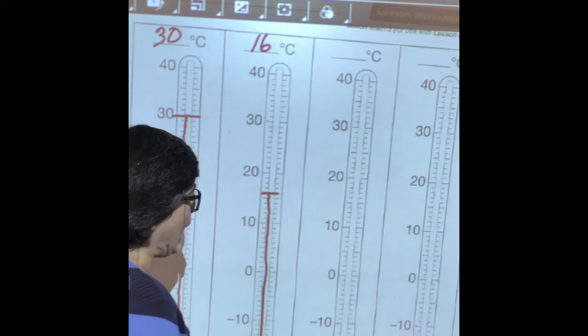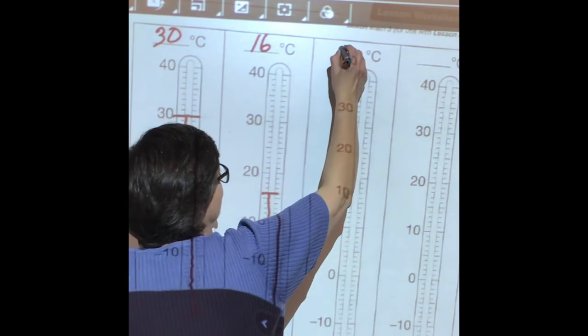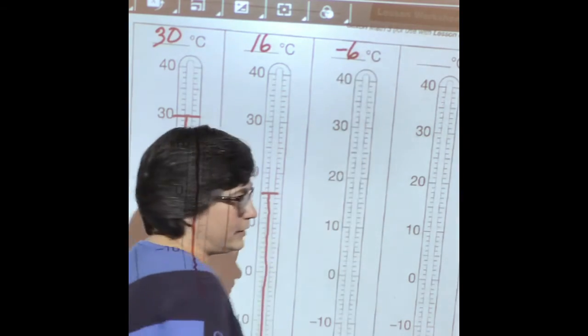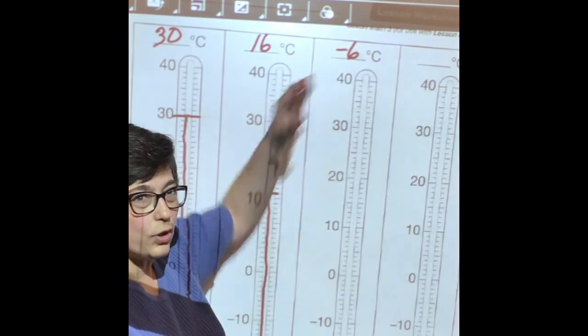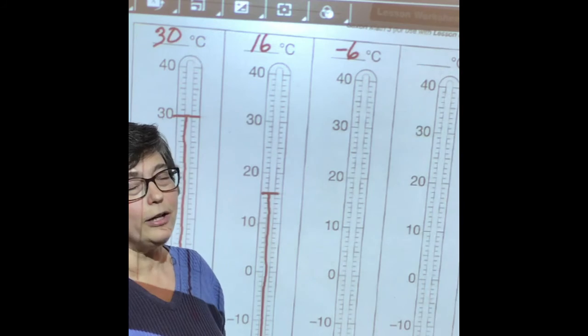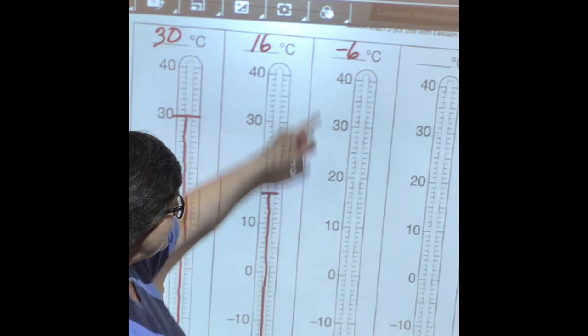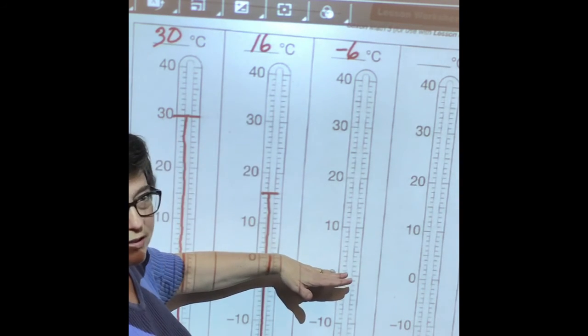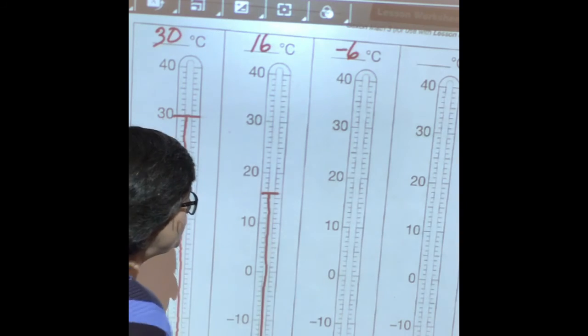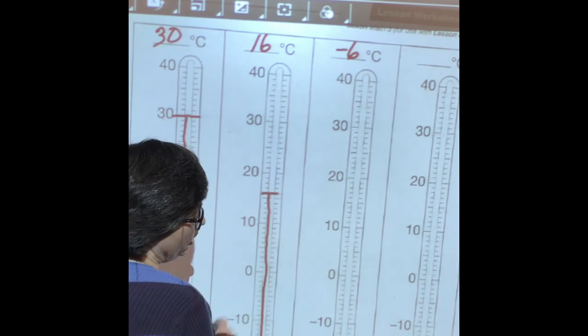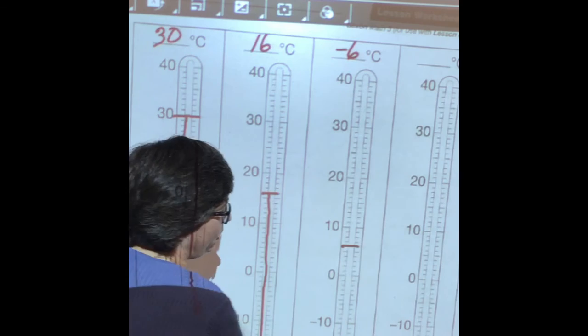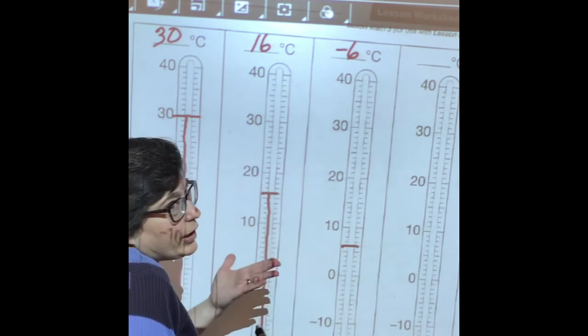Okay, what if we had minus 6 degrees Celsius? If it's minus or negative, it's pretty cold, isn't it? Negative means it's below 0. So instead of counting upward to show 6, I don't want to see anybody going there. That's 6 degrees Celsius.